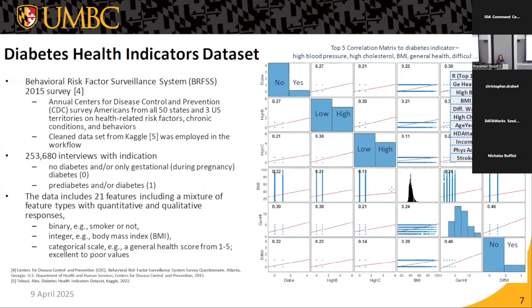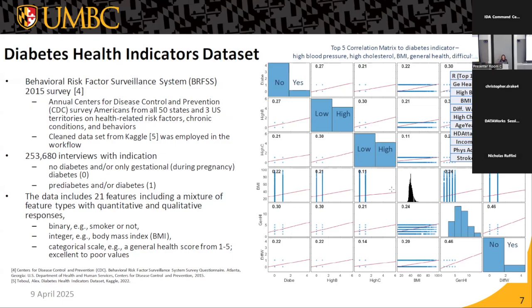In that annual survey, they have different risk factors for diabetes, health indicators, and just to go into a few of them, things like whether the person smokes, whether they have difficulty walking, body mass index, etc. In that annual survey, a few 100,000 people from across all 50 states and US territories are interviewed. After that survey, they also have indicators of whether they are pre-diabetic or diabetic, or whether they are non-diabetic or just have gestational diabetes, which means only during pregnancy.